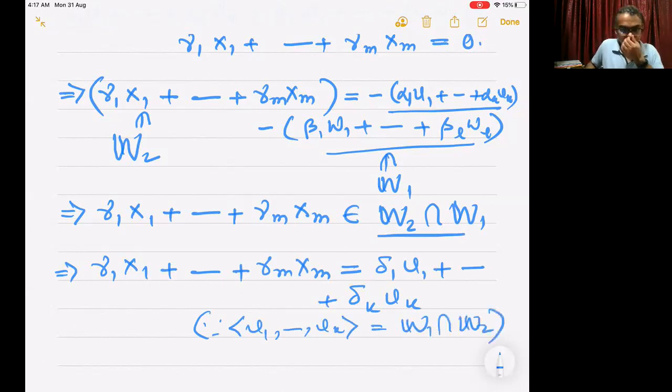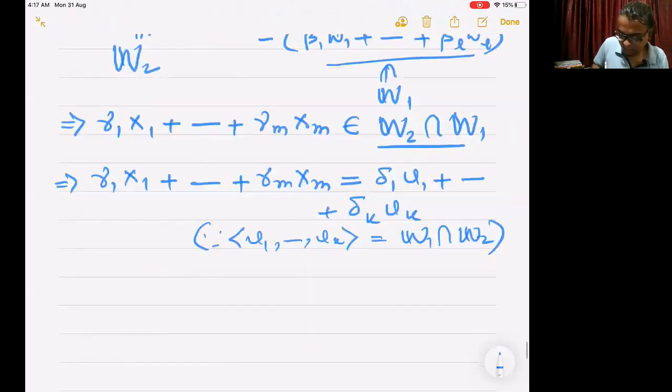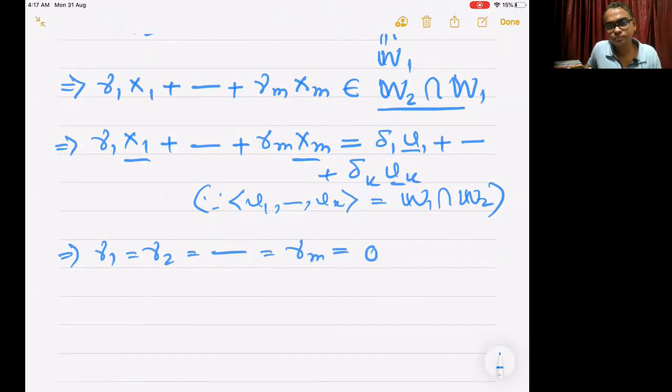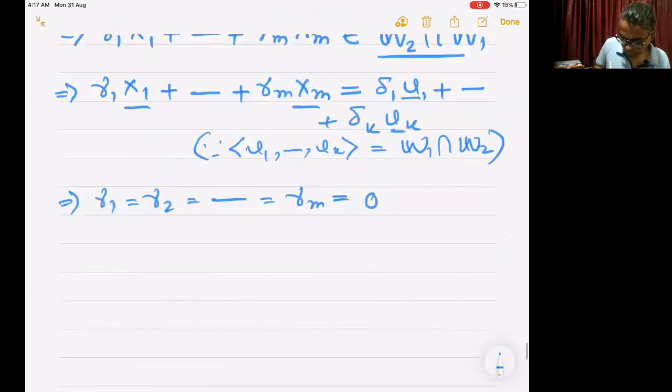Great, no? But then we have already seen that x1 up to xm and v1 up to vk together form a linearly independent set because it's a basis for W2, which implies gamma 1 equals gamma 2 dot dot dot up to gamma m must be equal to 0. I've skipped this step. Let me write that down.